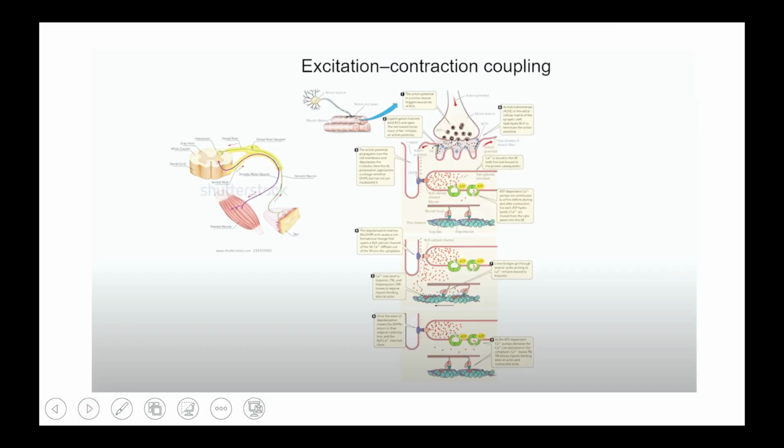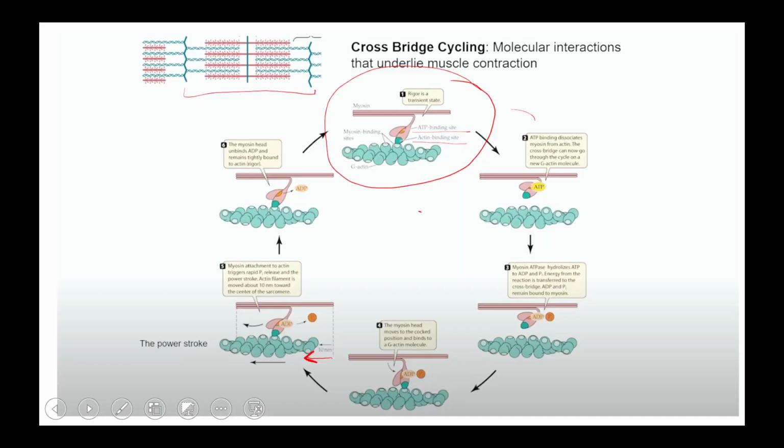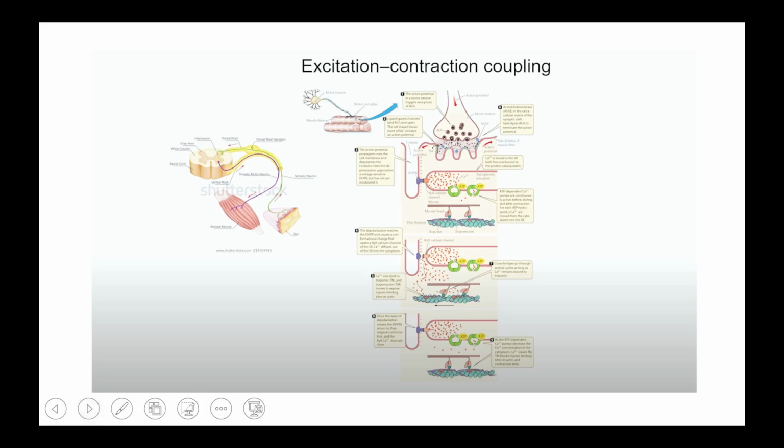Okay, so let's talk about how this muscle contraction gets a signal. What happens when we move our muscles?